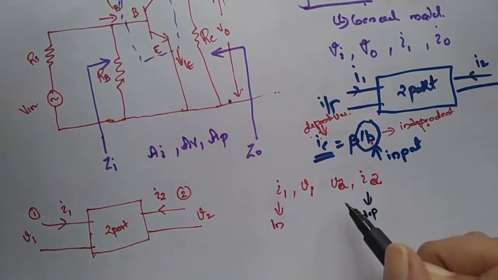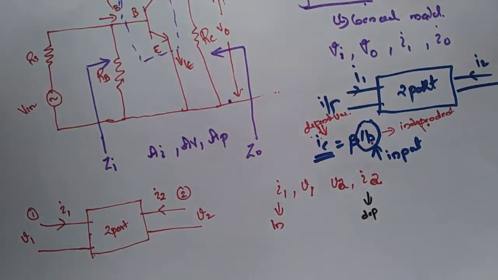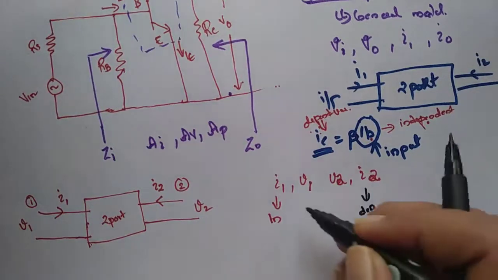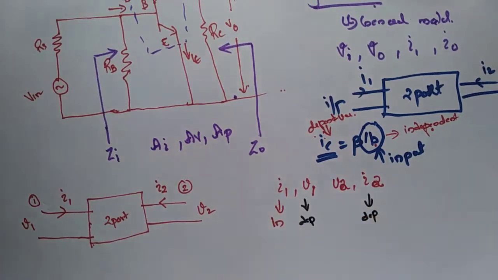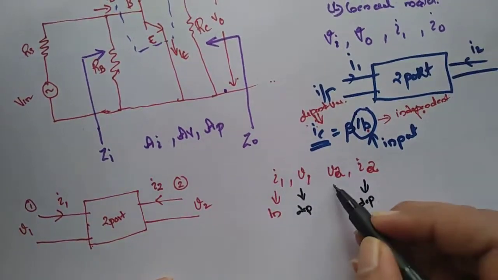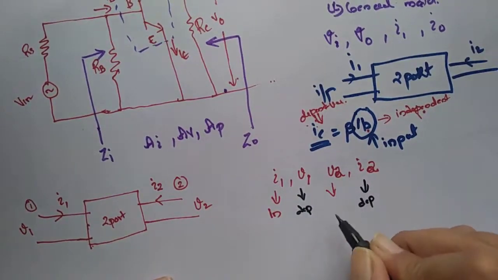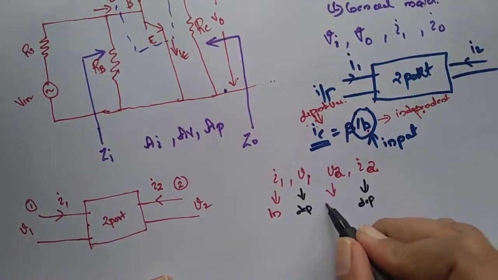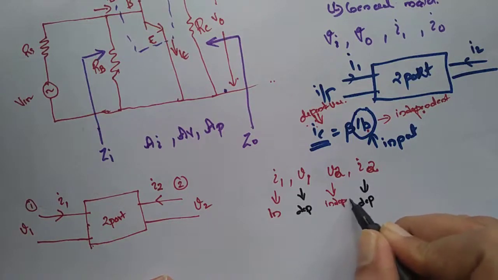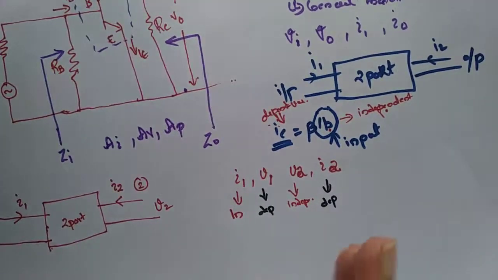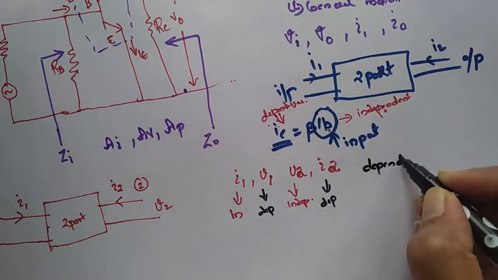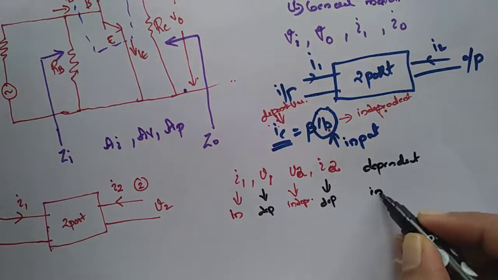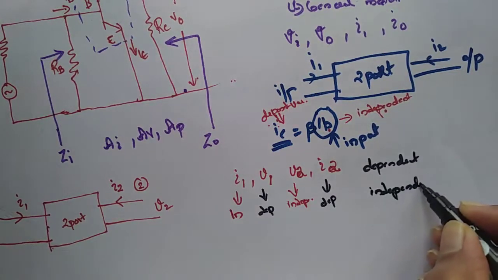Similarly, what about our V2? V2 I am representing as an independent parameter, and V1 as a dependent parameter. So V2 is an independent parameter. Now in a hybrid model, we are representing our parameters in terms of dependent and independent parameters.